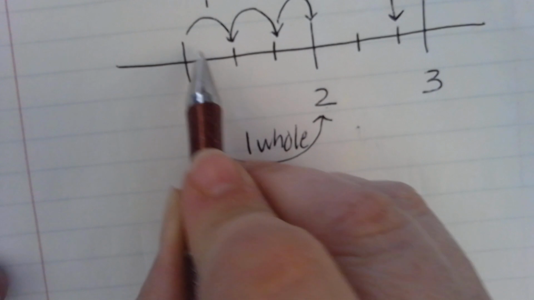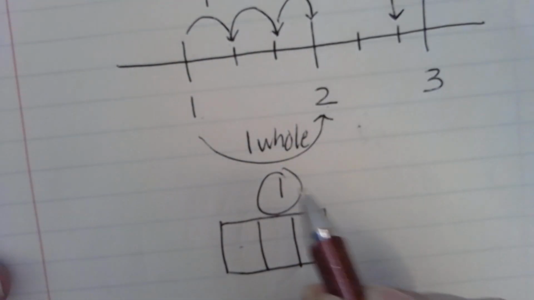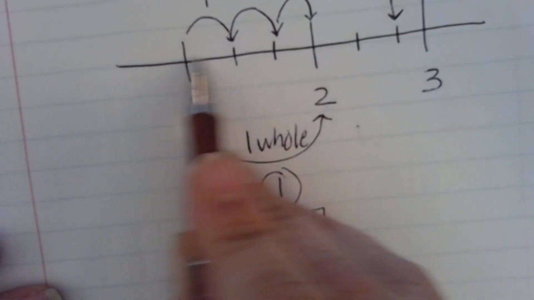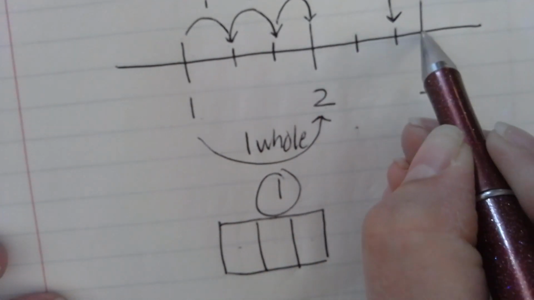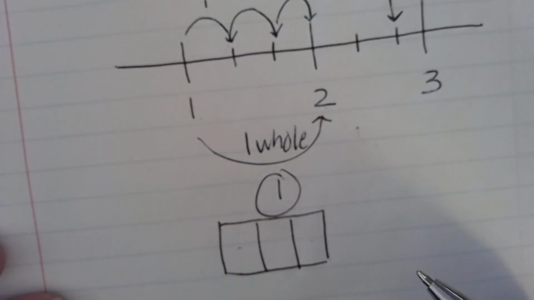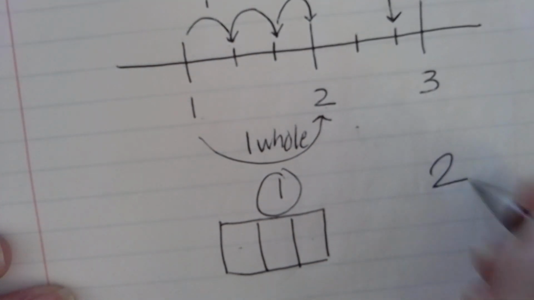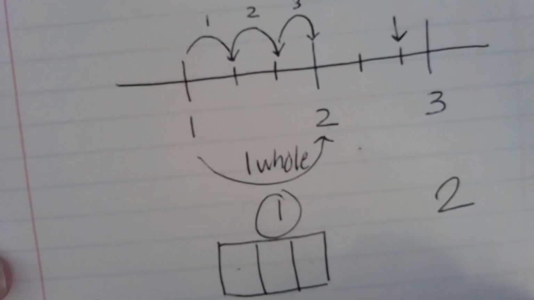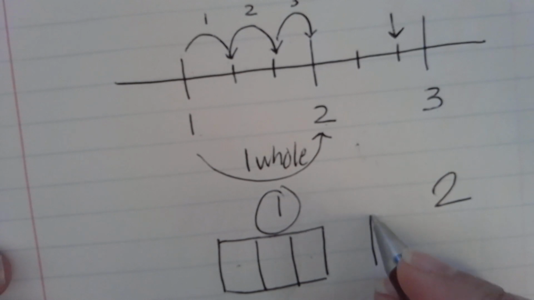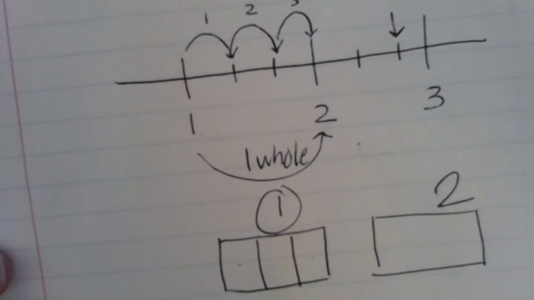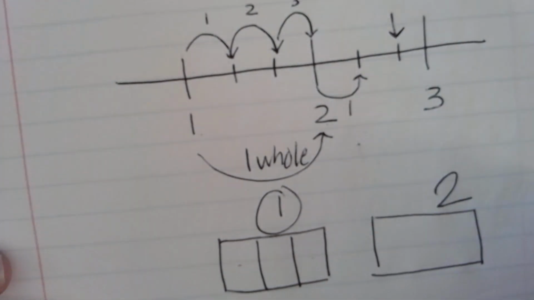So again, I have 1, 2, 3 sections between 1 and 2. This is one whole. So if I look between 2 and 3, it's the same thing. I definitely have gone to the 2. So there's my whole number for the 2. Now what I need to do is count how many pieces I've gotten to here. So here I've gone from 2 to the first line. That's 1.